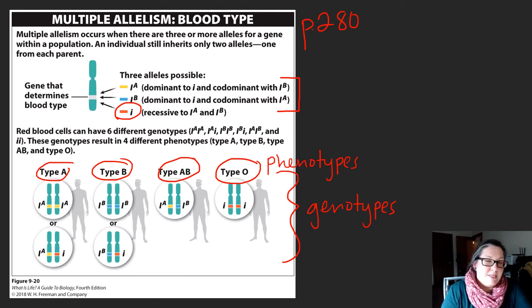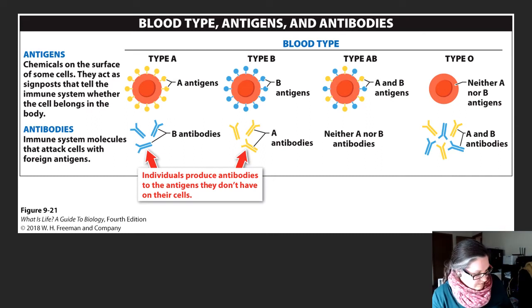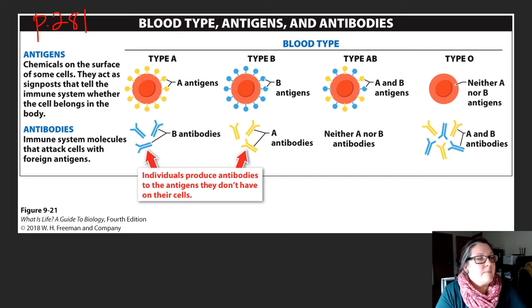Now, we can't necessarily see the fact that they have A and B antibodies or antigens on their cell surfaces, but we can detect them using blood typing kits. So this figure is from your textbook, figure 9.21, on page 281. This is a really nice representation of what I just put in the table, the A antigens, B antigens, and antibodies.